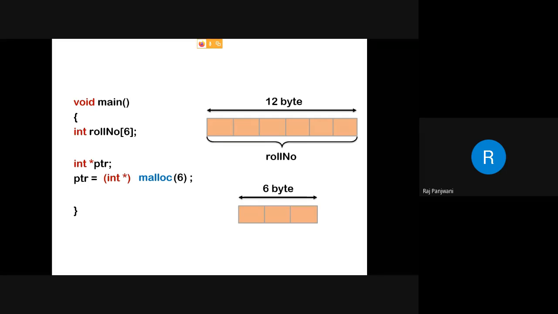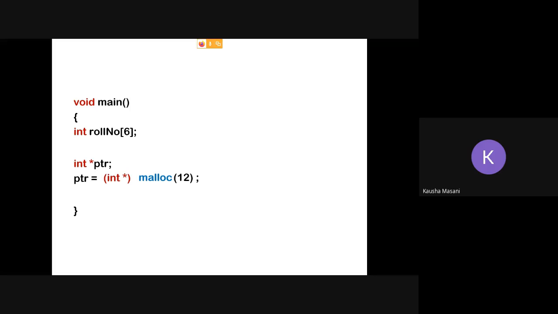malloc 12. Yes, Raj? malloc 12 करेंगे मैम. Exactly. We are going to change from 6 to 12. So this 6 bytes, we are going to change it to 12 bytes.